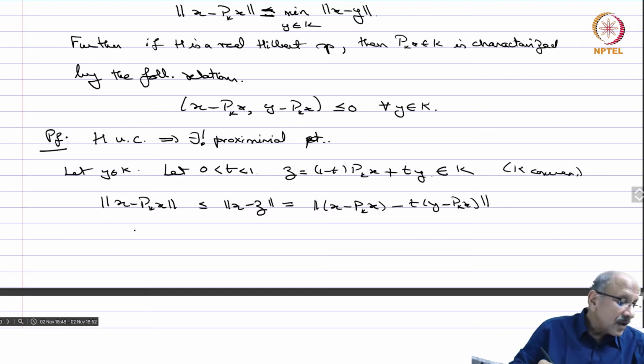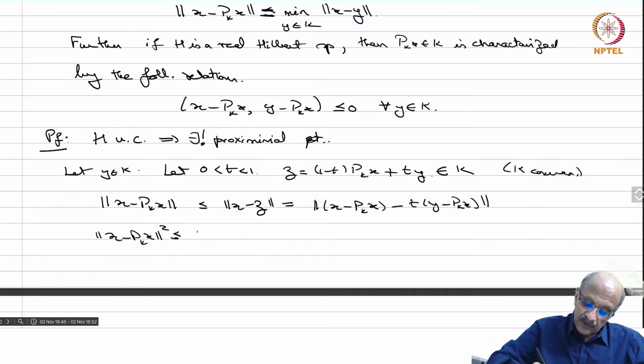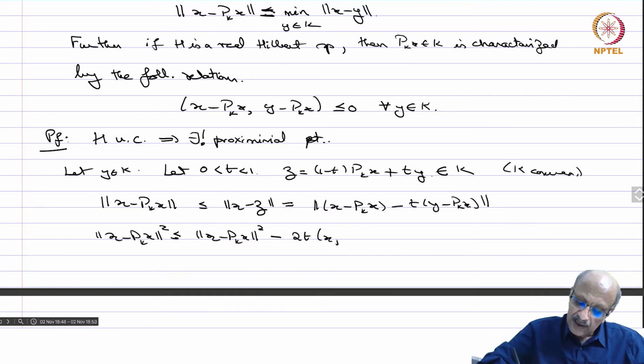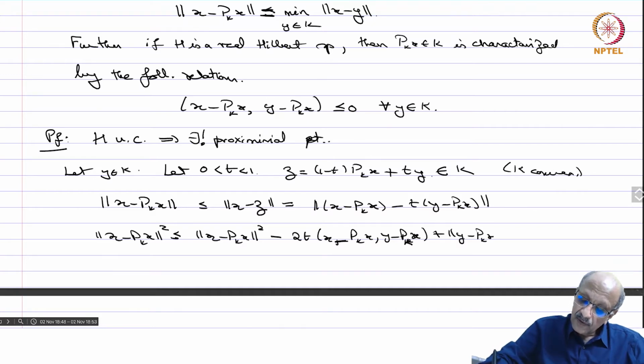So now let us square this and develop it. So you have norm of x minus P_K x squared minus 2t times the inner product of x minus P_K x and y minus P_K x, plus norm of y minus P_K x squared times t squared.